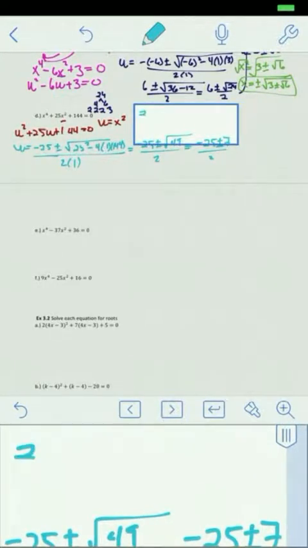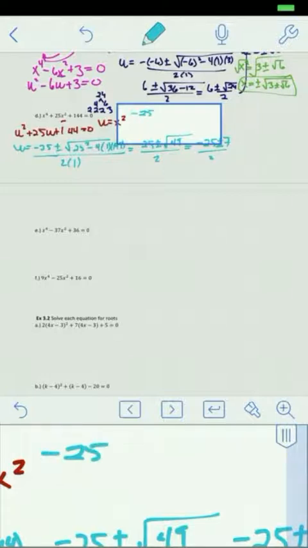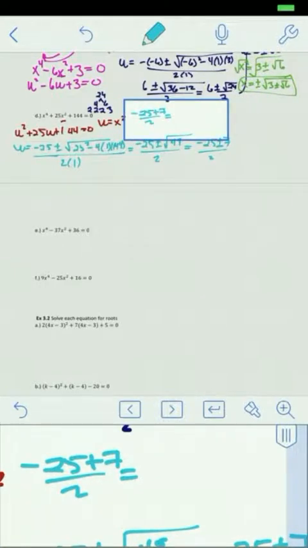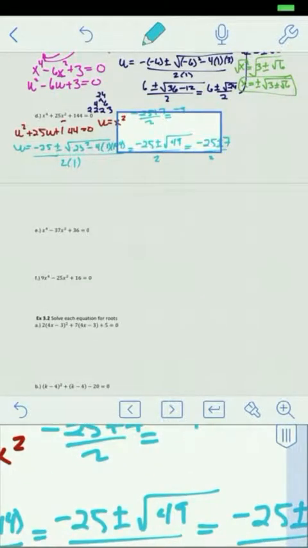So u is either negative 25 plus 7 over 2, which would be negative 18 divided by 2, which is negative 9. Or it's negative 25 minus 7 over 2.